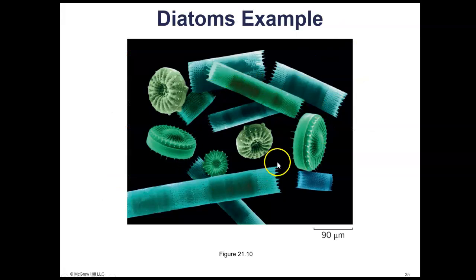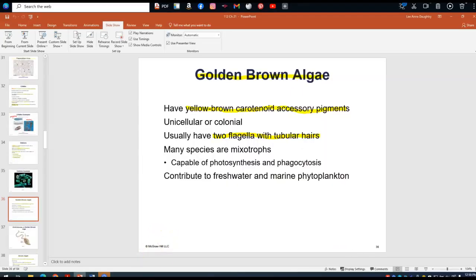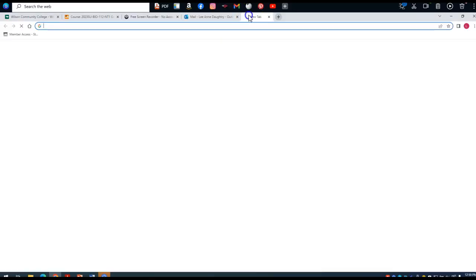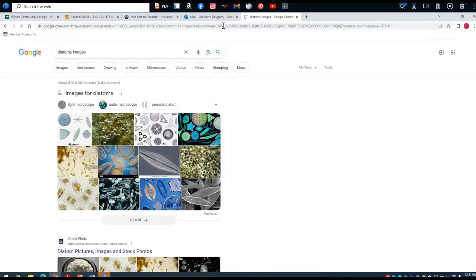Here is a good picture, and I would encourage you to Google diatom images because they're just really amazing. In fact, I'm going to do it real fast. Diatoms.